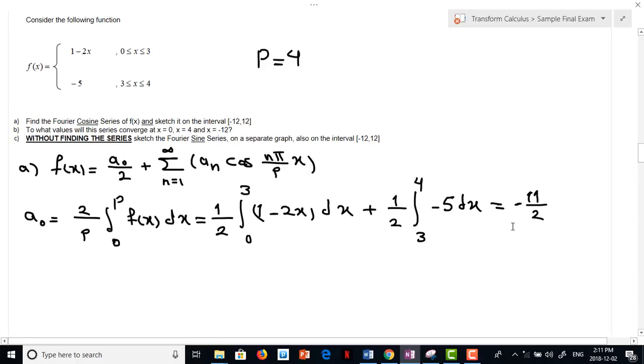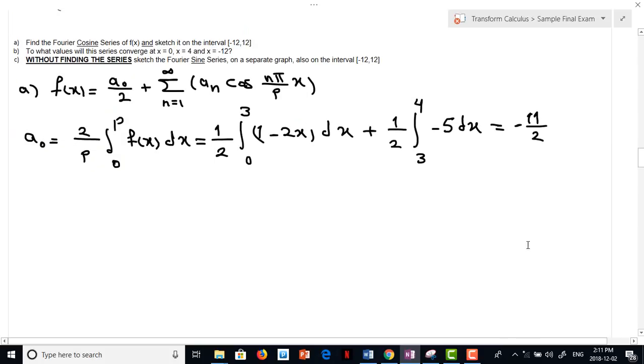We found a0. Now we have to find an. an is equal to 2 over p, the integral from 0 to p of f(x) cosine(n pi over p x).